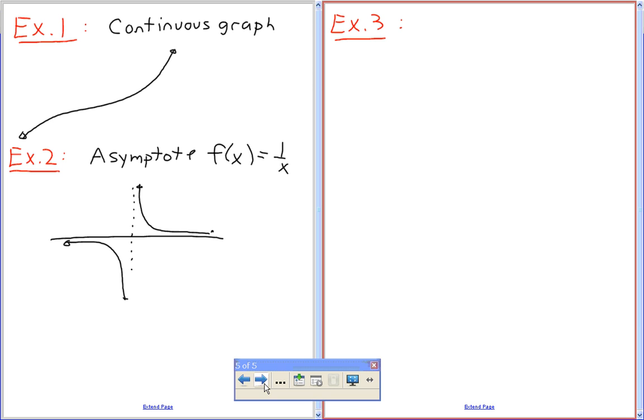Example 3 is the graph f of x equals x squared minus 9 all over x minus 3. That is, in fact, a linear graph with a hole at x equals 3. So it's going to look something like this.